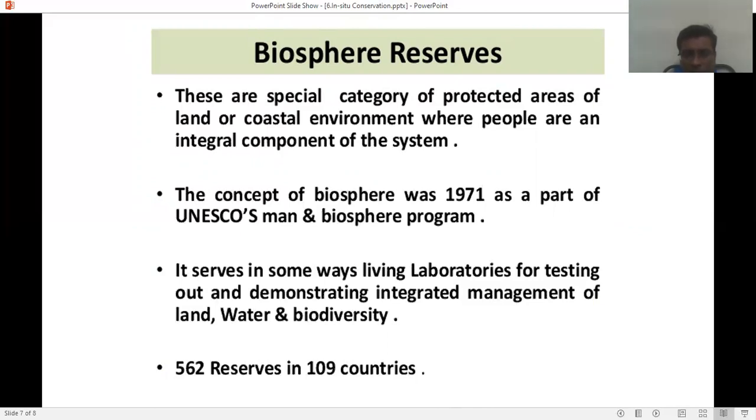We are using certain types of plants and animals in laboratory testing. For this purpose, we are protecting and developing those living organisms, known as biosphere reserves. In India, there are nearly 18 biosphere reserves, and all over the world there are 562 reserves in 109 countries.